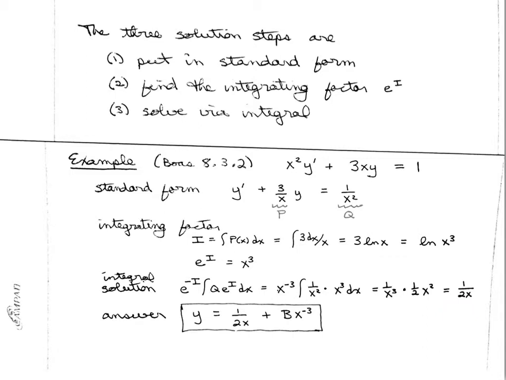And then we have to add on a constant times 1 over the integrating factor to give us the second term in the solution. So the full answer is y is 1 over 2x from this integral plus our additional constant over the integrating factor term. That's the end of this example. We'll now do another example.